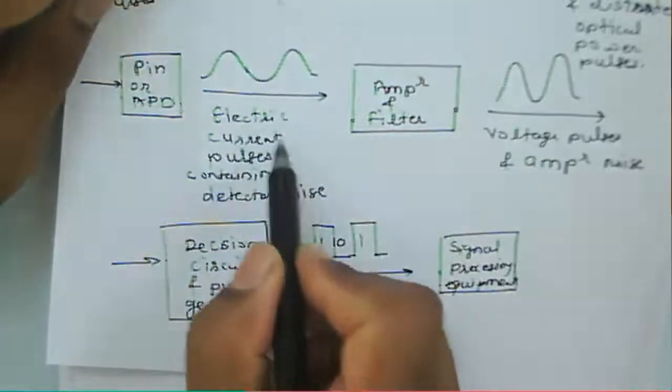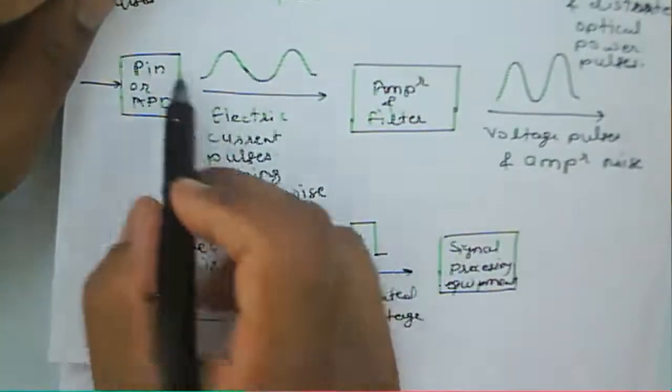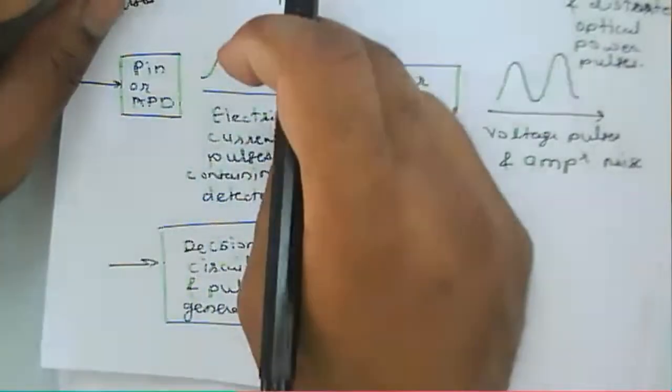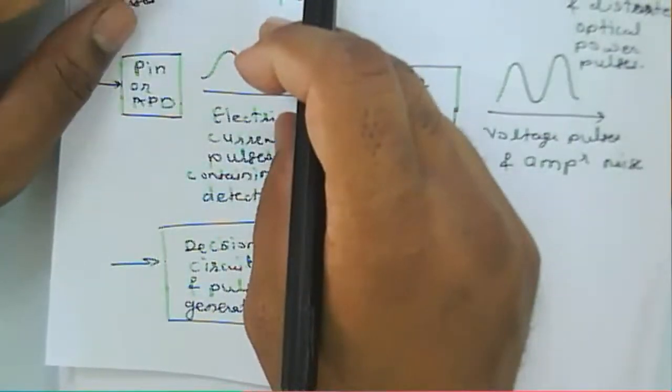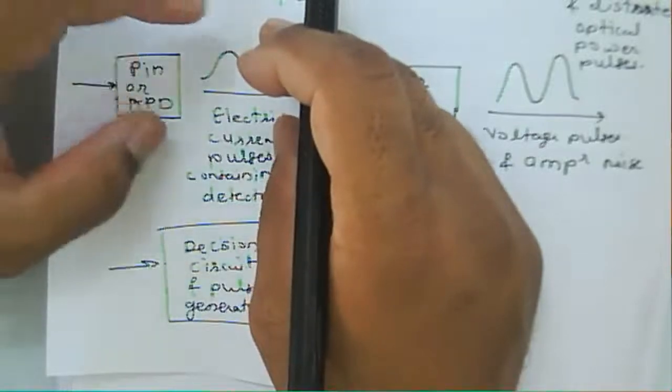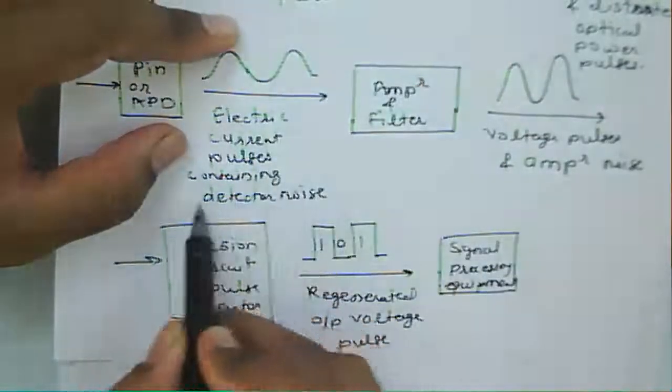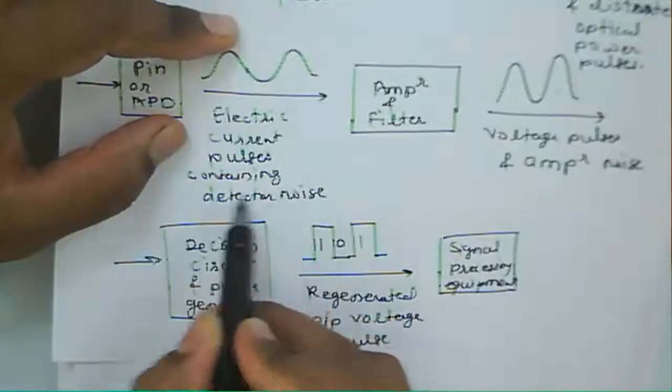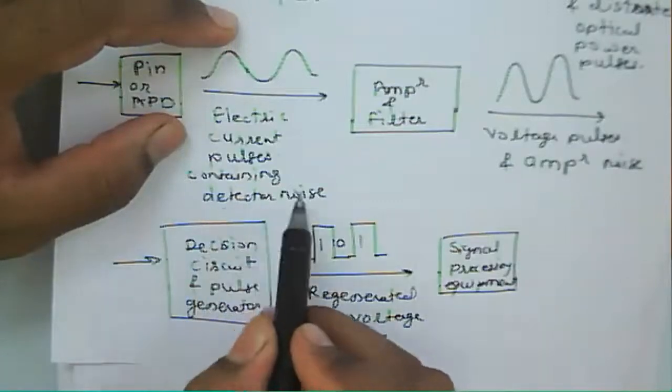Now that is about electric current pulses, and that means we are getting current pulses from this photon of energy, and that electric pulse contains the detector noise. Now, what are the various detector noises? We'll see one by one.